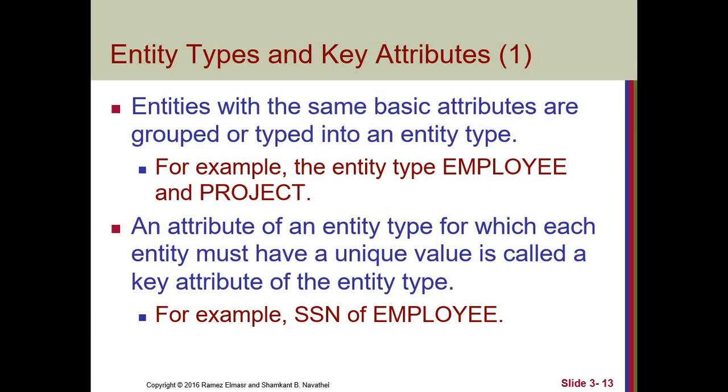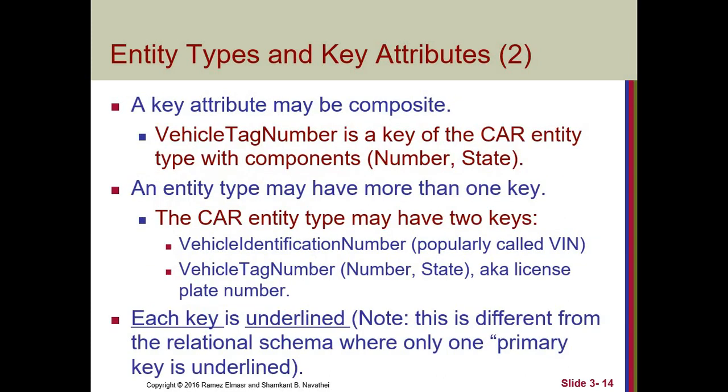An entity type may have more than one key attribute, which is also referenced here. Examples of the composite nature of key attributes, how multiple key attributes are possible, and how keys are labeled in an ER entity relationship diagram are provided and described here.